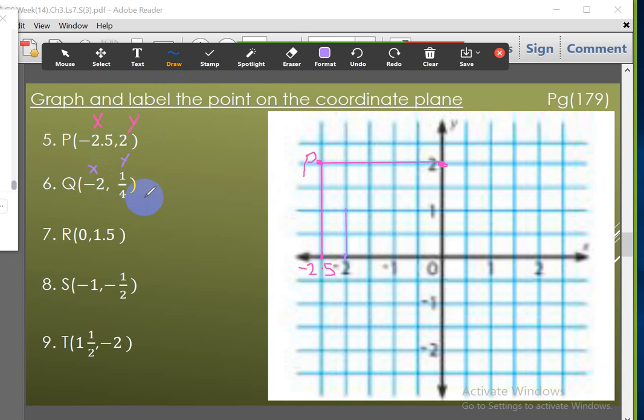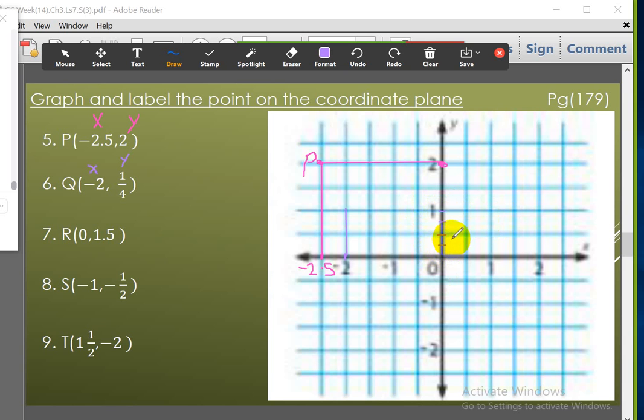Now, what about Y? Y is 1 over 4. 1 over 4, it's a positive number. That means on the Y axis, I have to put it up. This is a fraction between 0 and 1. That means I have to divide this distance into 4 equal parts. 1, 2, 3, 4.